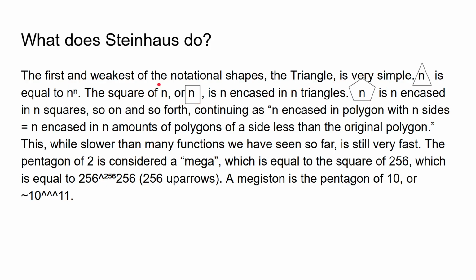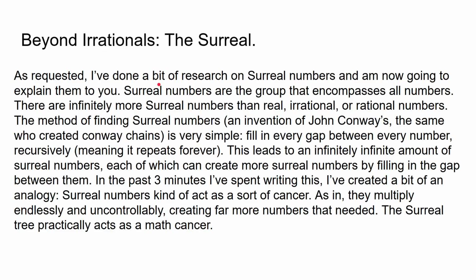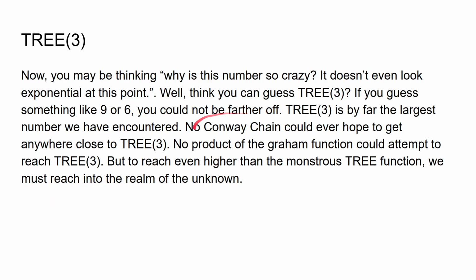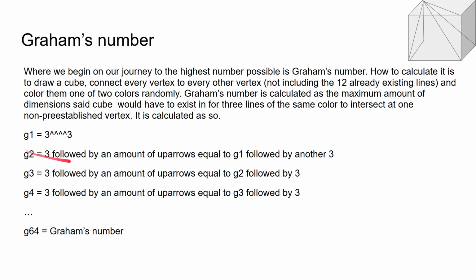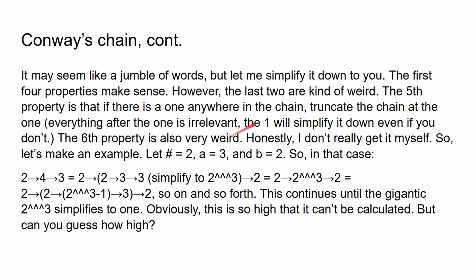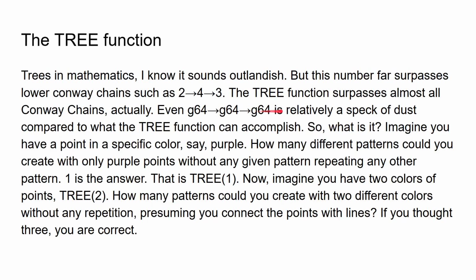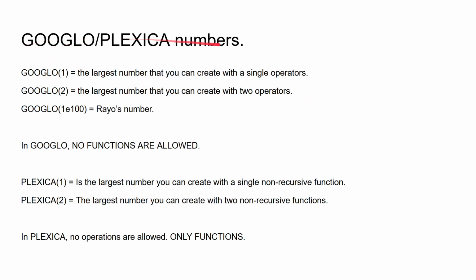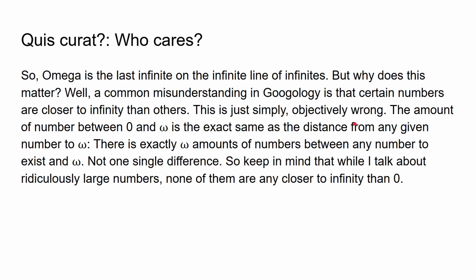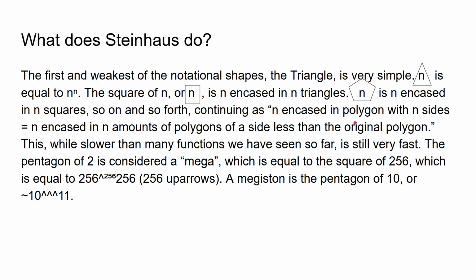So, this is a very slow function compared to, say, the Graham function, any of the Conway functions, the tree function, obviously, the googolo and plexica functions. So yes, but it is very fast.